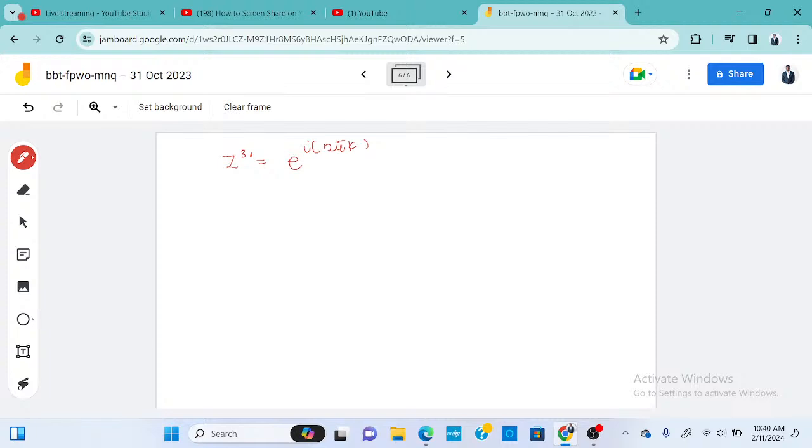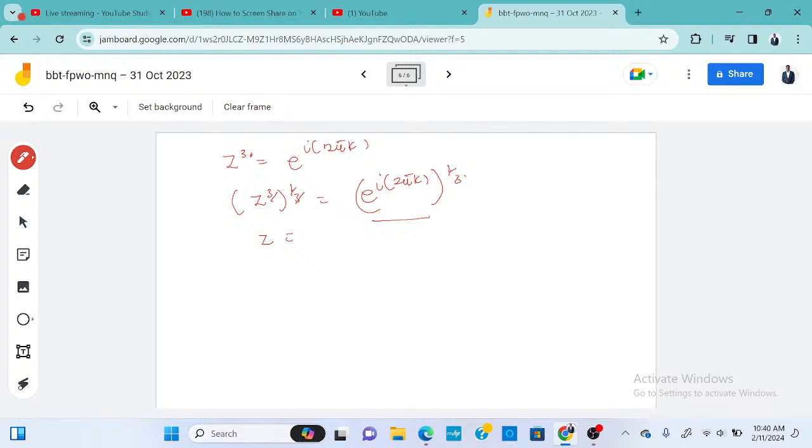To do that, we take third root on both sides. So z cubed to the power 1 out of 3 is equal to e to the power i open brackets 2 pi k all to the power 1 out of 3. At this point, this cancels this, right? So z then becomes, at this point is where we are going to apply De Moivre's theorem.